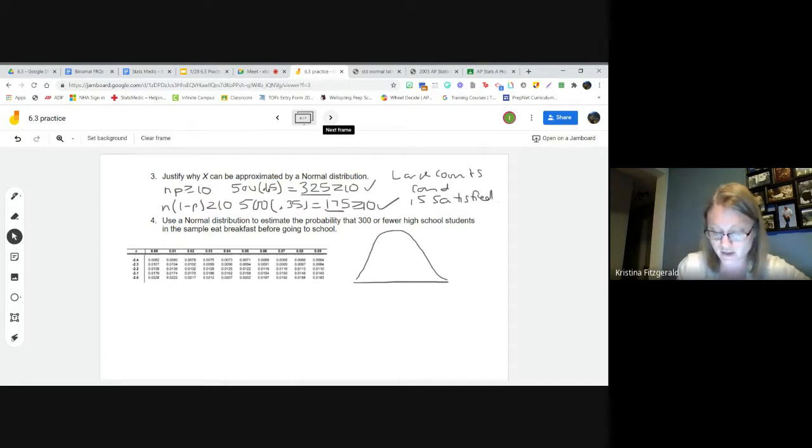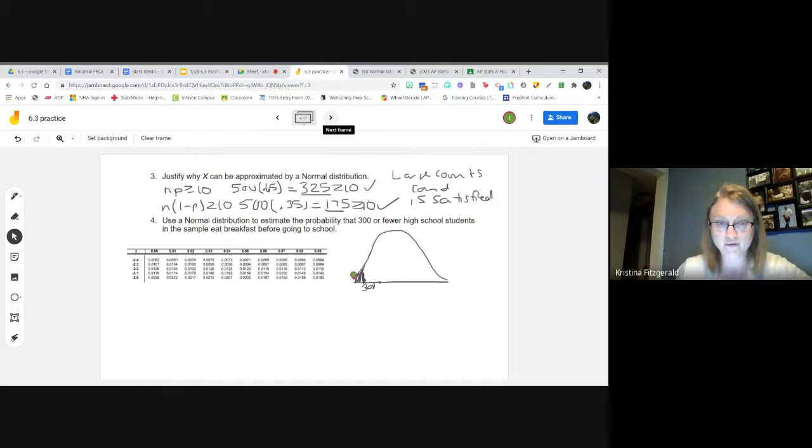So we want to know 300 or less, which, if I want to draw this accurately, was a 1% chance. So really 300 has got to be way down here. It's a tiny little space.